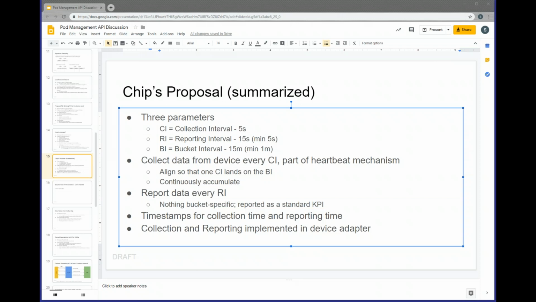Yeah, so what we were talking about doing is taking Chip's description of the work that he did from last Thursday's meeting and making it into an actual proposal to get feedback from people on whether we should standardize this across adapters. I've summarized it here, one slide's worth, based on what Chip presented last week.